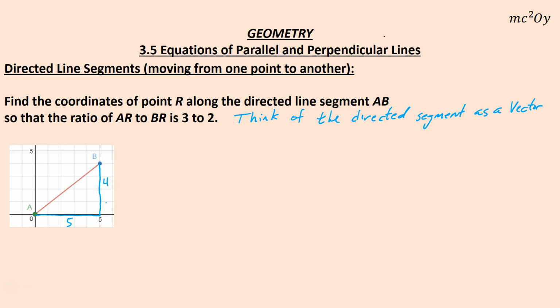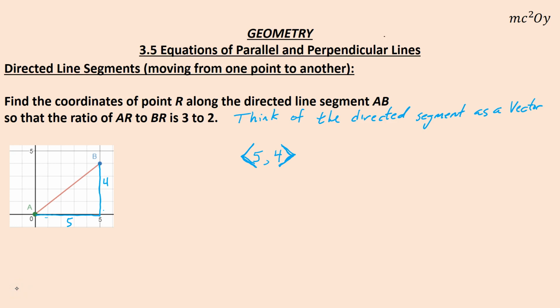And I'm going to write that in vector notation, using these types of brackets. So I'm going 5 on x and 4 on y. If I was going down 4, then I'd make it -4. If I was going to the left 5, I'd make that -5. This is a vector notation, just showing the direction of the vector from (0, 0). Okay? All right.